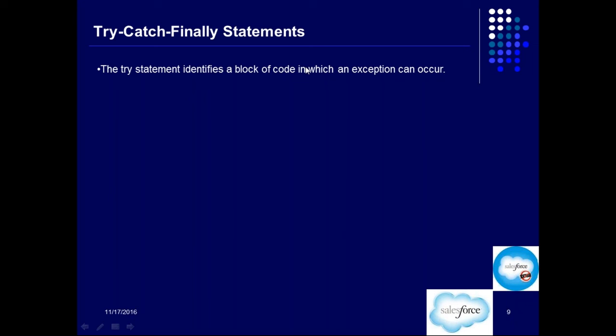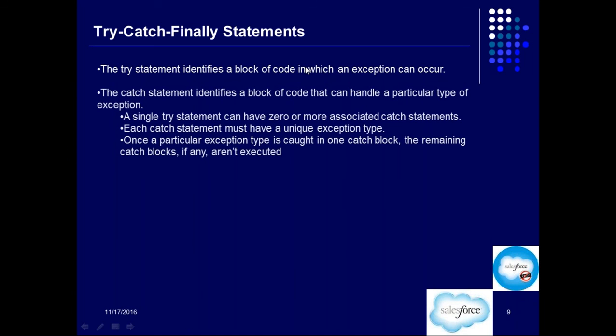So a try statement identifies a block of code in which an exception can occur. The catch statement identifies a block of code that can handle a particular type of exception. So this catch block is basically going to catch the exception for you. A single try statement can have 0 or more associated catch statements. For one try you can have 0 catch, or you can have multiple catch statements.